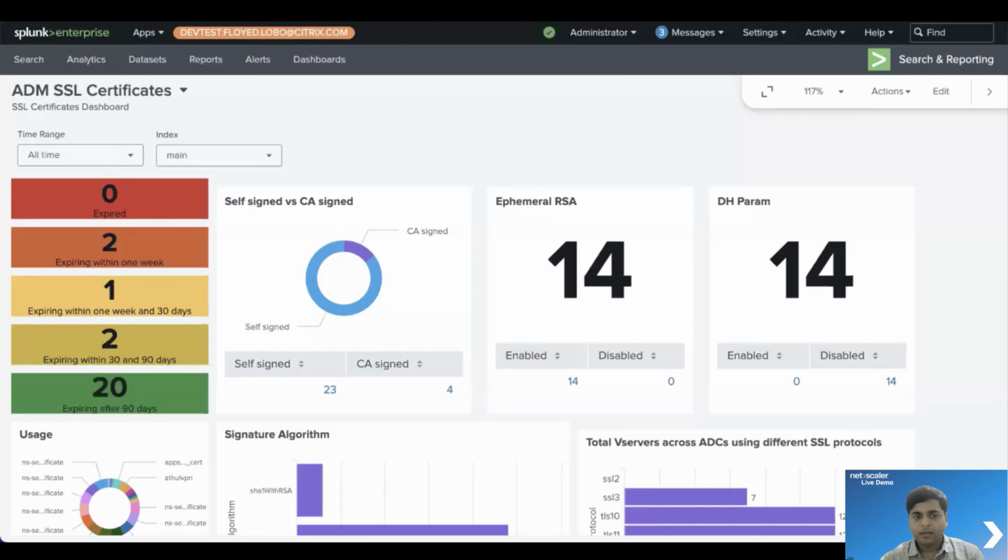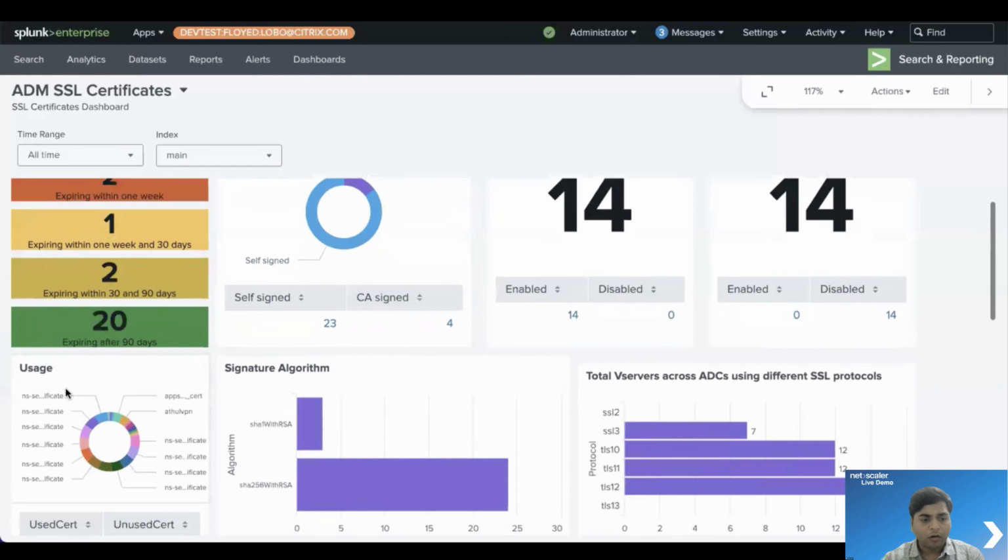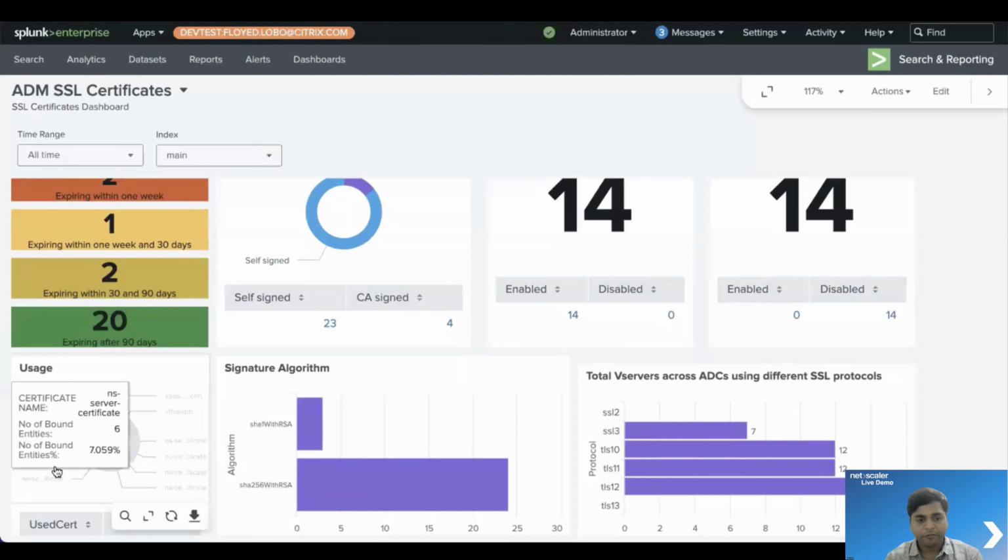The idea is that Steven and I were discussing the health and the benefit of having different ciphers getting negotiated under NetScaler and showing it on the observability. So this also gives you a similar view. Here you will come to know which certificates have already expired or are nearing expiry, and then all about the usage, what the different applications are, how they are using it, and the percentage distribution.